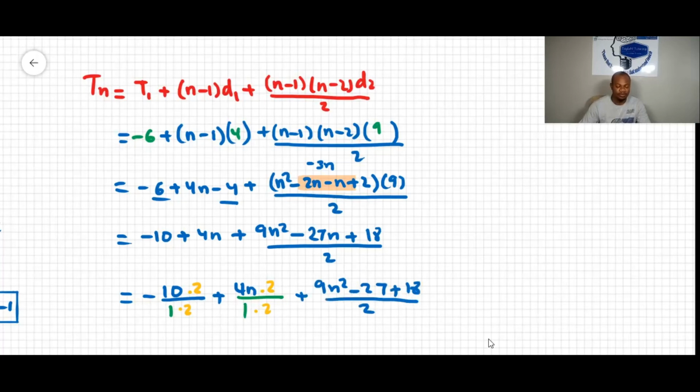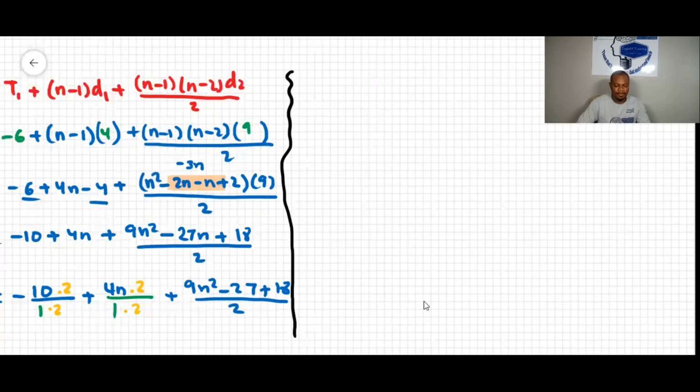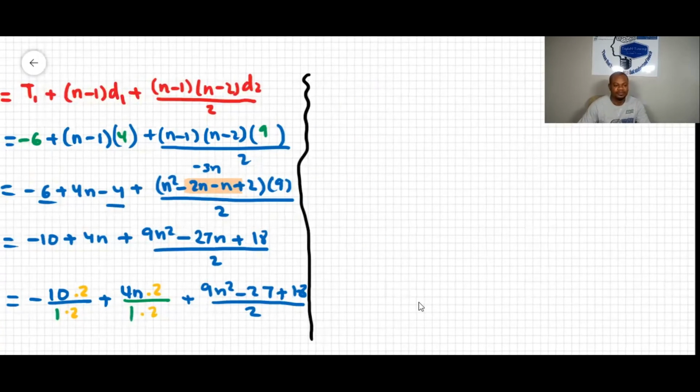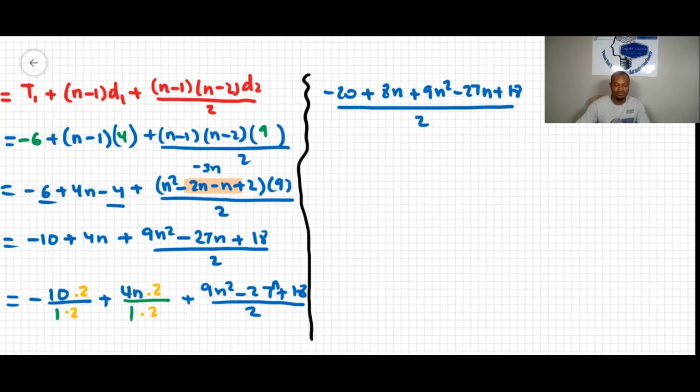Now that the denominators are common, we can simplify. This will be negative 20 plus 8n plus 9n squared minus 27n plus 18, all over 2. So that's Tn.